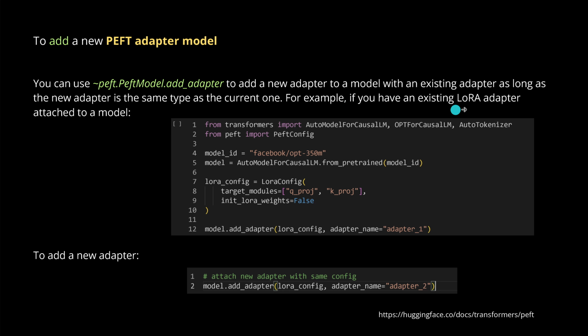Okay, if you have an existing LoRA adapter attached to a pre-trained model, yes, Facebook, the same OPT350, we load our model, and then now we have here, as I showed you, the LoRA configuration. Remember the 16 parameters? And then we just pick out 2 that we want to alter the default values. We don't want to have it initialized, and our target modules are our query projection and our key projection.